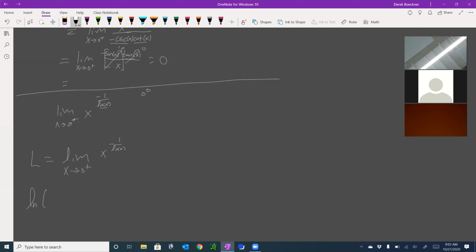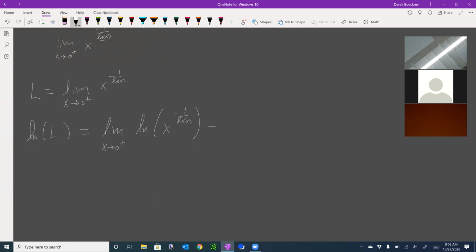And we're going to take the natural log of L. And that's the limit of the natural log of x to the minus 1 over natural log of x, x goes to 0 from above. And so if I use my natural log rules, this is the limit as x goes to 0 from above of minus 1 over the natural log of x times the natural log of x, which is the limit as x goes to 0 from above of minus 1, right?